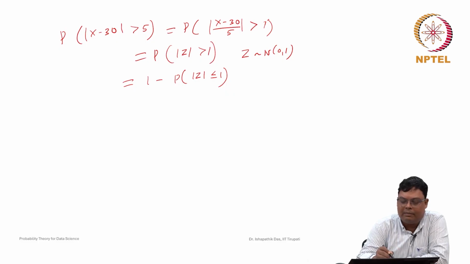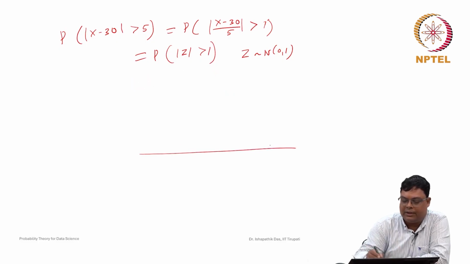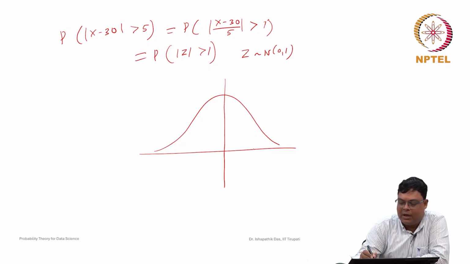Let us check this graph here, then it will be clearer to understand. Suppose this is 1, this is 2, this is 3.